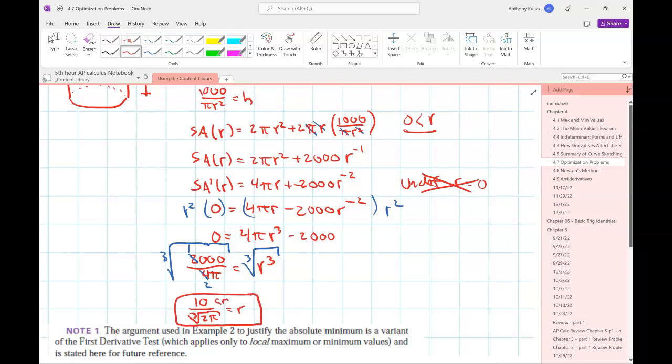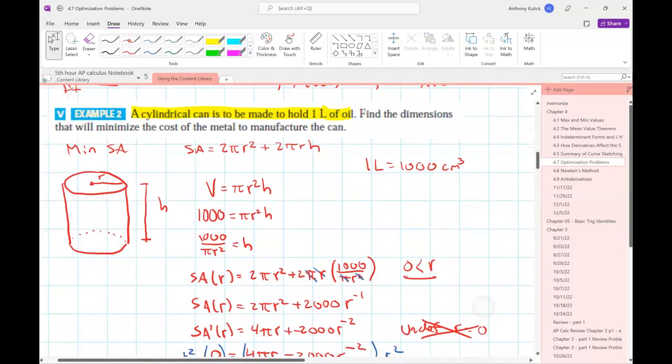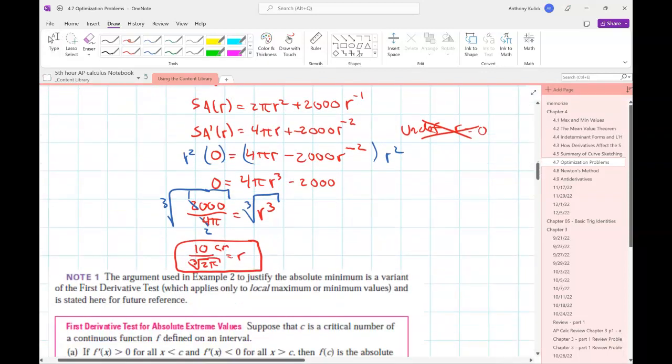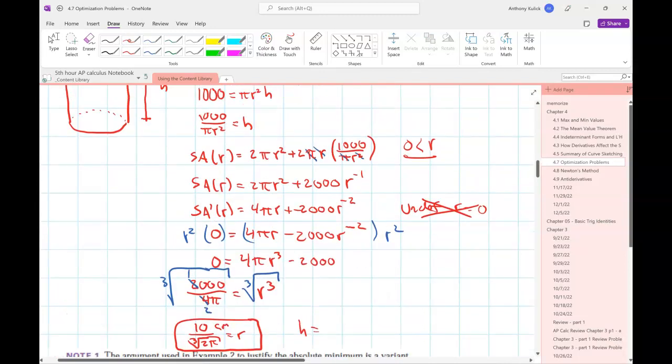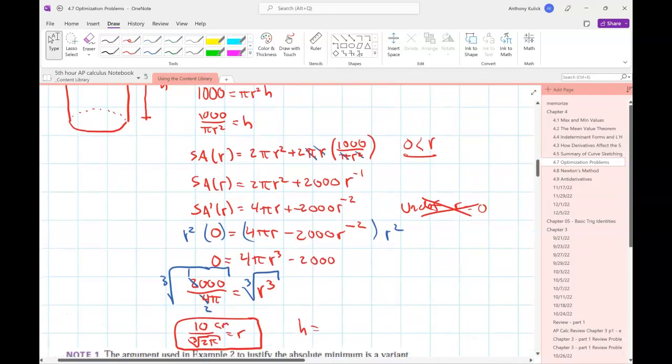I guess these are centimeters. So that's the radius. What did it ask for? Dimension. So we need the h as well. So now I'll just take my h from before. Let's just write it this way.